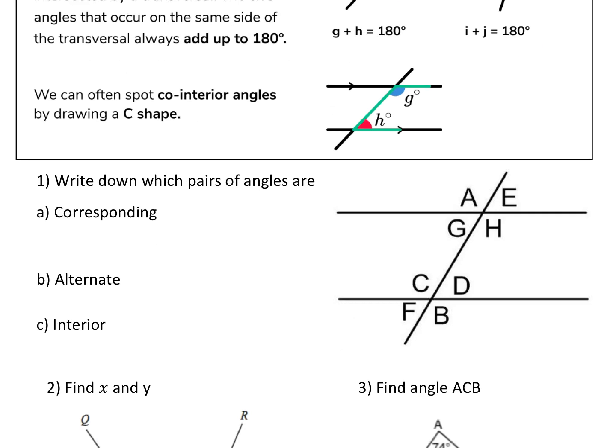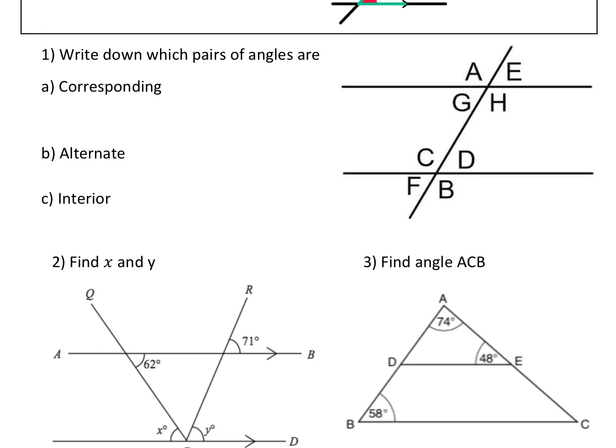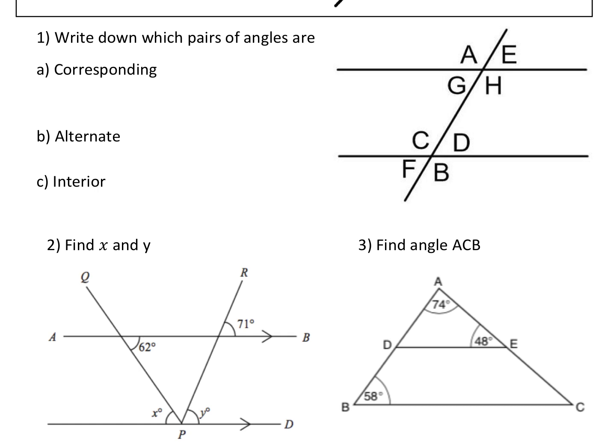Number 1, write down which pairs of angles are corresponding. So for corresponding, you're looking for an F shape. Now there's 4 potential answers here. So I'll make a mess of this diagram eventually. There's your F shape. So the angles B and H would be corresponding. And then the F could be back to front.